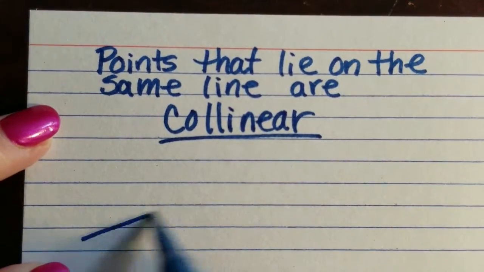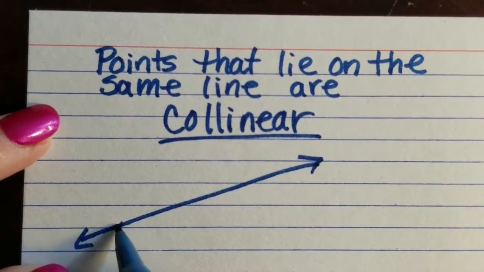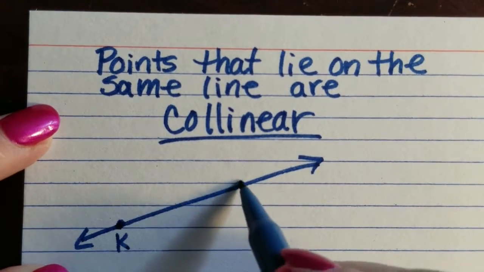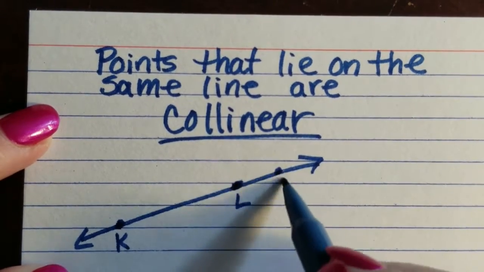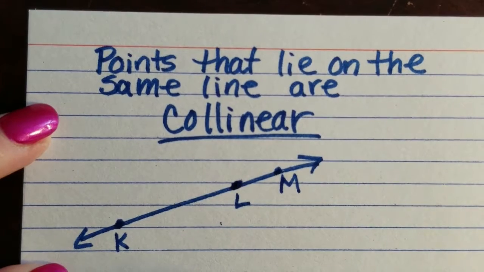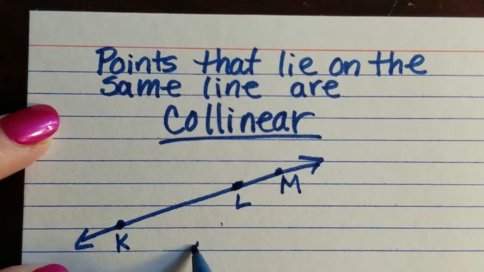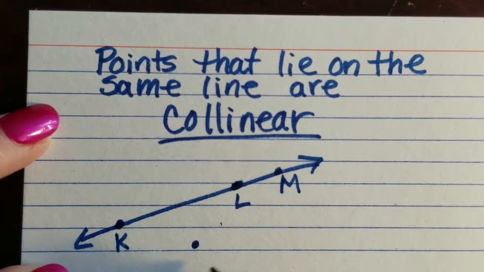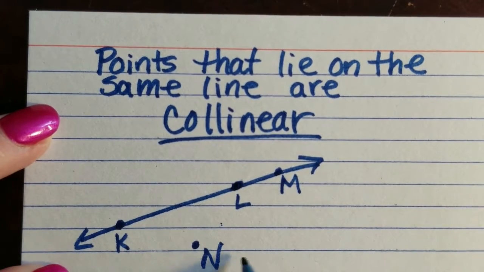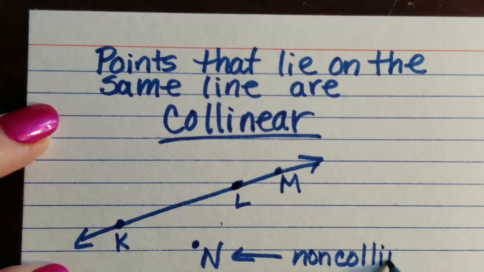So if I have a line and I have some points on here, K, L, and M, K, L, and M are collinear. If I have a point off of this, N is non-collinear.